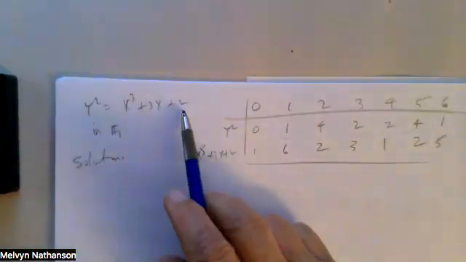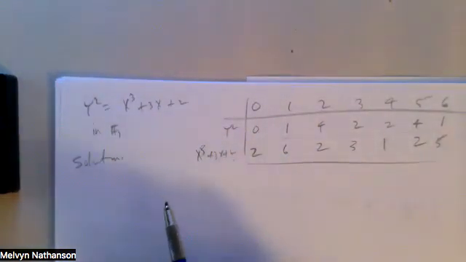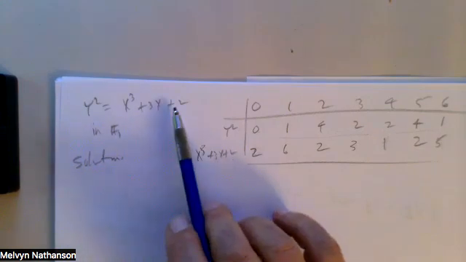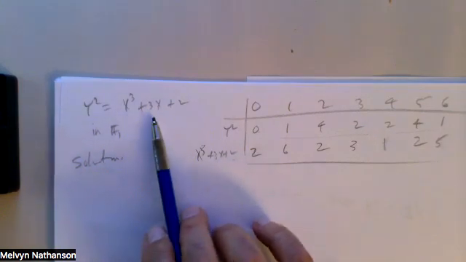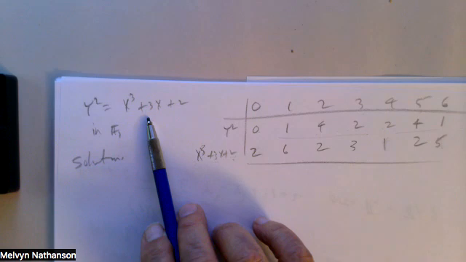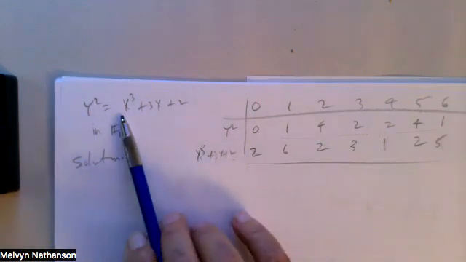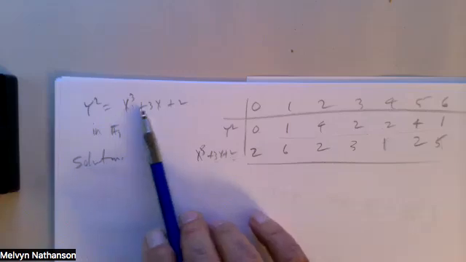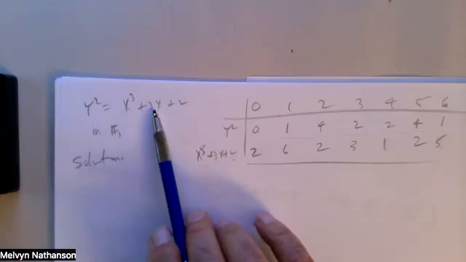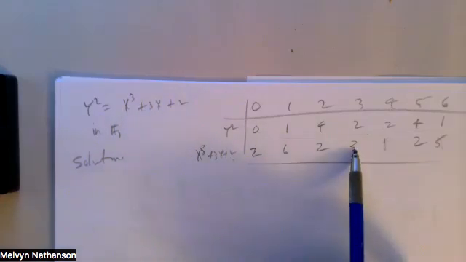When x is 0, this is 2. Let me just check again quickly. When x is 1, this is 6. When x is 2, this is 2. When x is 3, 27 plus 9, 36, 38 is 3.